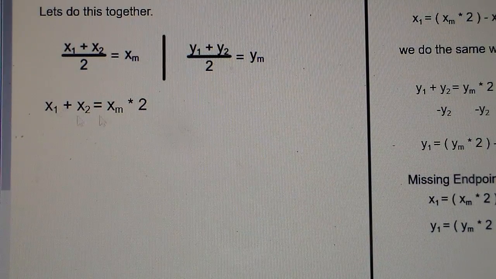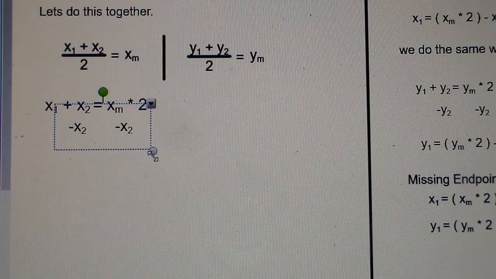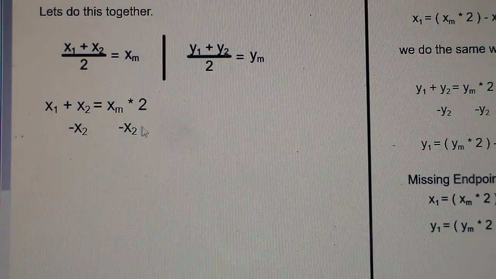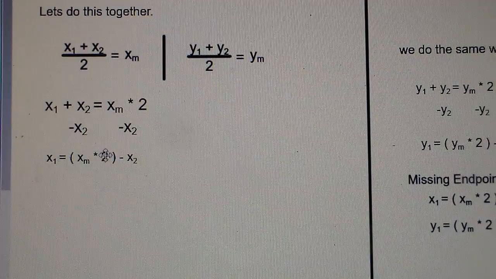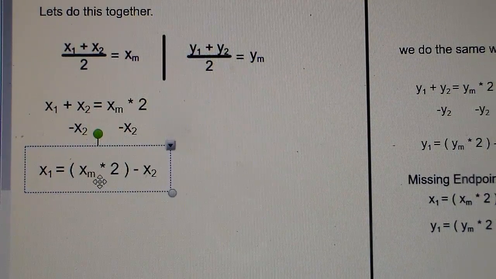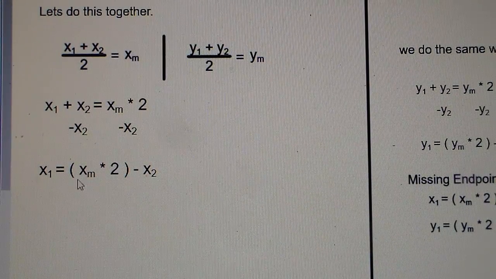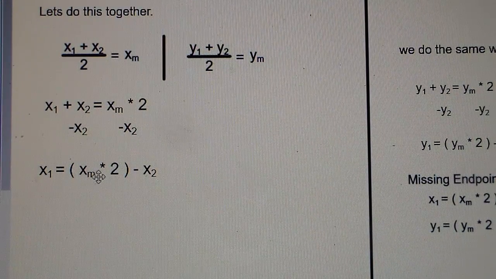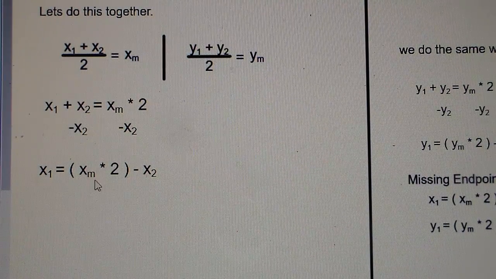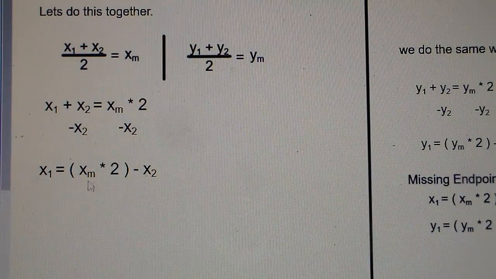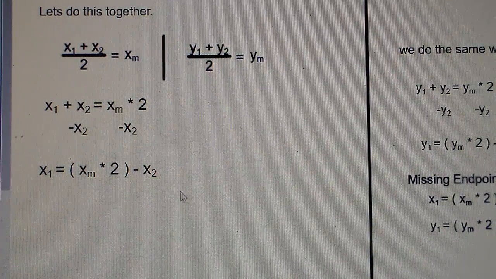Then if we want to get our x1 by itself, we subtract x2 to both sides to get this formula. So to find that other x endpoint, all we got to do is take our midpoint value, multiply it by 2, and then subtract the x2 from the sum that we found. So you multiply by 2 and then subtract the other endpoint of the x value.